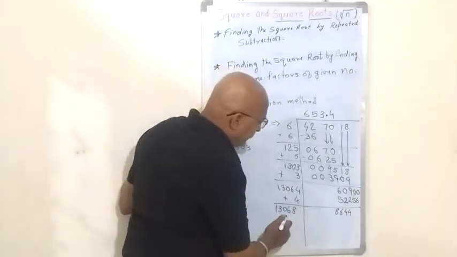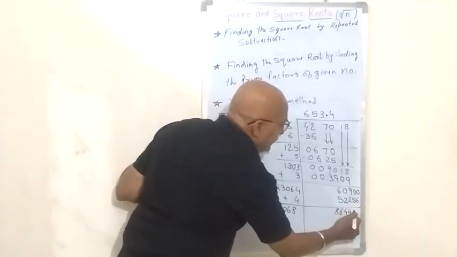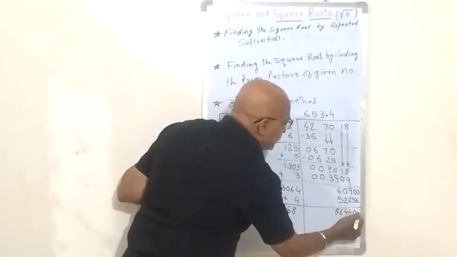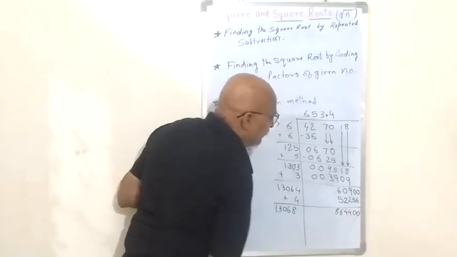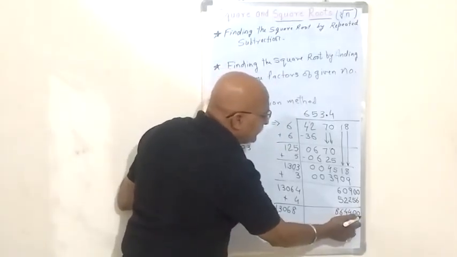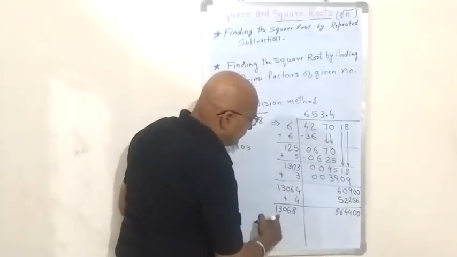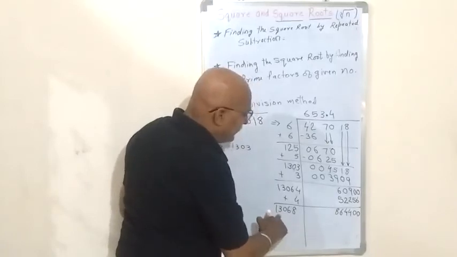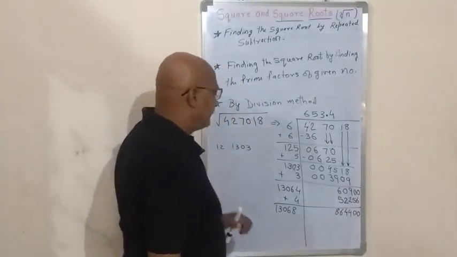Now here we have to take 2 zeros. So now this becomes 8,64,400 and this is 13,068.